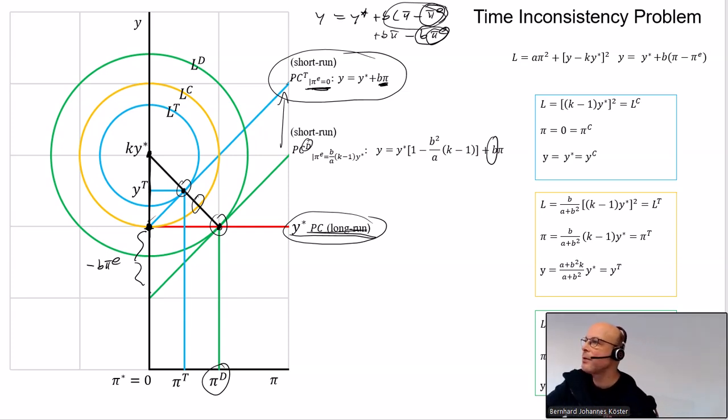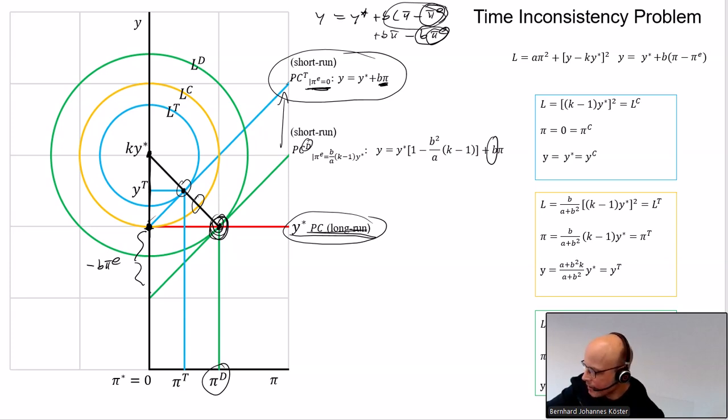So in general, when we assume these rational expectations, this would be our overall equilibrium. And this is then, as I said already, also an example of the prisoner's dilemma in economics, and this we have quite often.